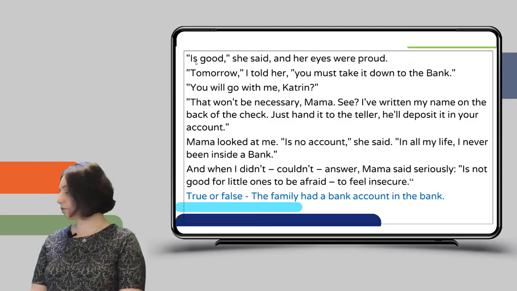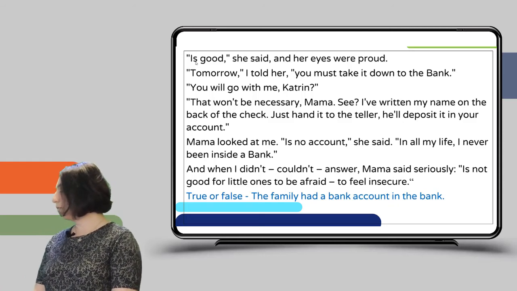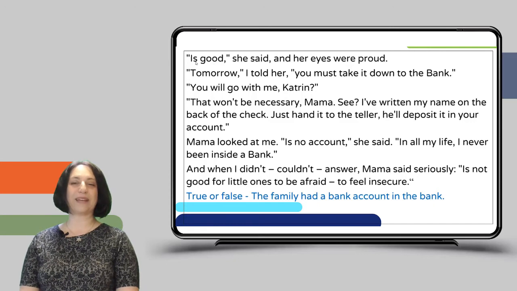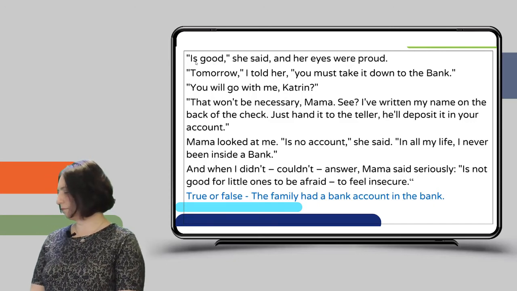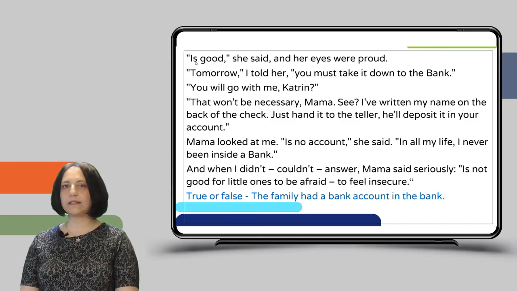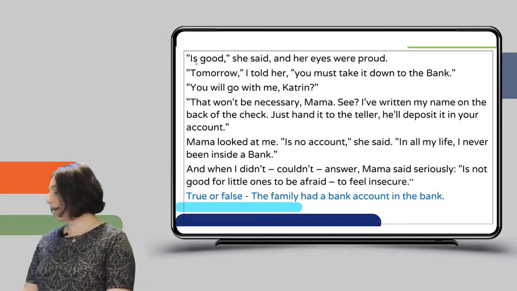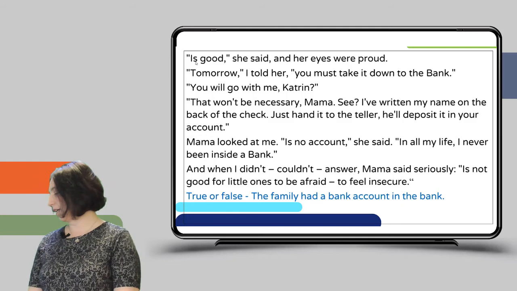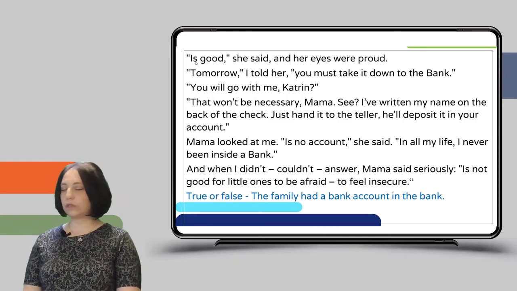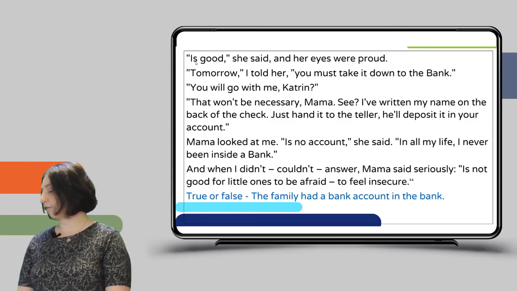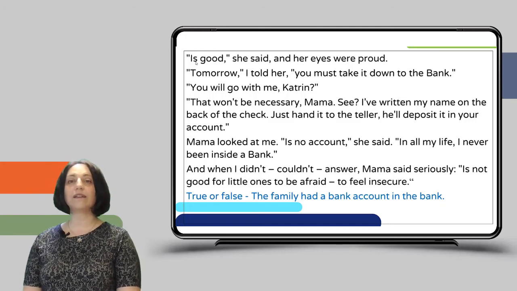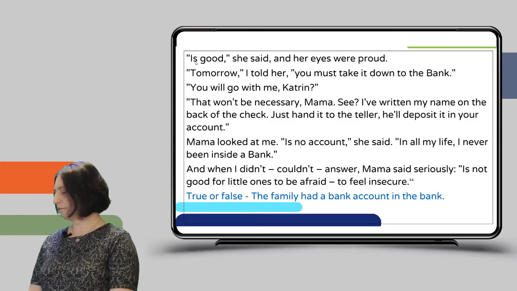"Is no account," she said. "In all my life, I never been inside a bank." And when I couldn't answer, Mama said seriously, "Is not good for little ones to be afraid, to feel insecure."